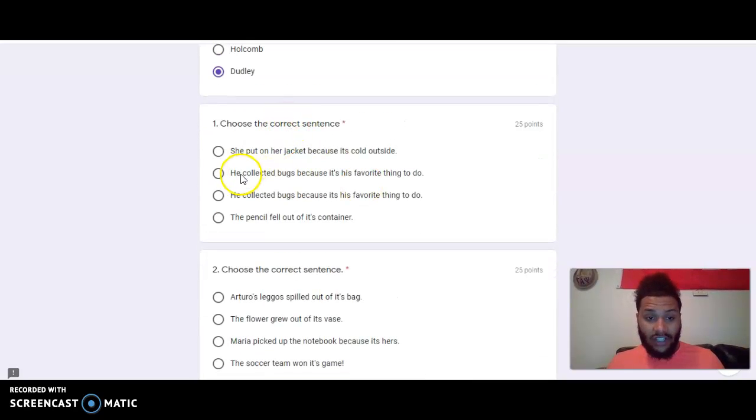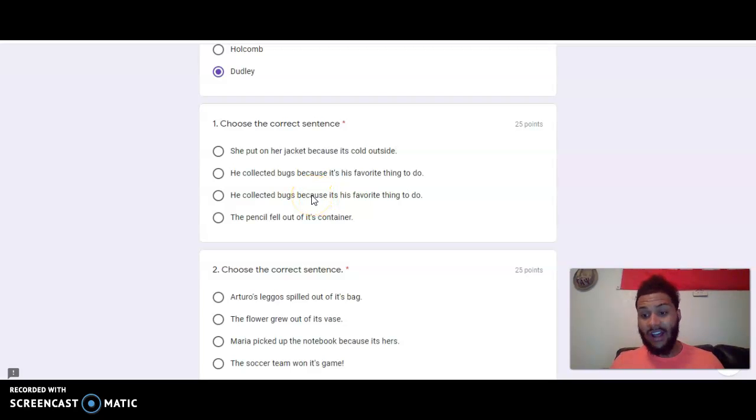Choose the correct sentence. She put on her jacket because it's cold outside. It's right here is wrong because it is cold outside. And if it is cold outside, I need an apostrophe there to make it it's, IT apostrophe S. So that's not a good answer. He collected bugs because it's his favorite thing to do. It is his favorite thing, so we do need the apostrophe.